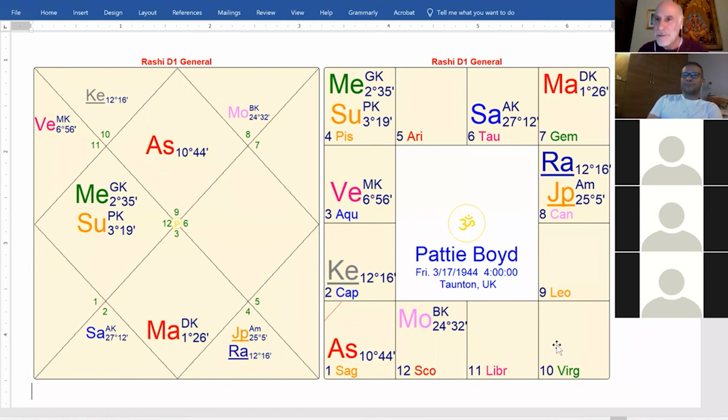What house would rule that? Third house, and there is a Parivartana with a third lord, Venus there. Very good. So obviously this Venus major period, which is a planet associated with the beauty industry in general, is in the third house.